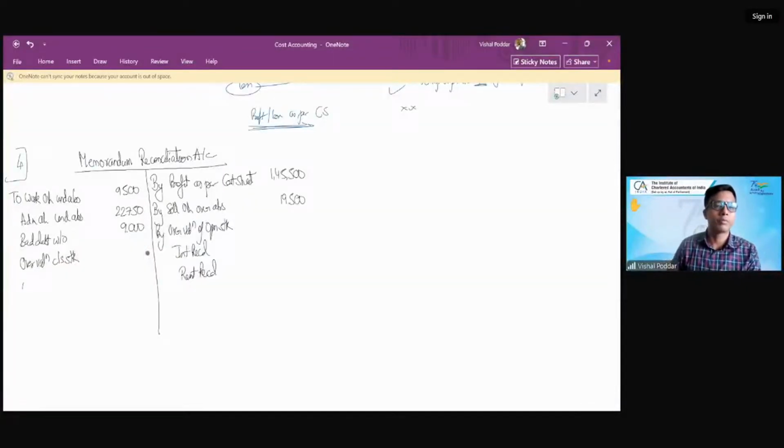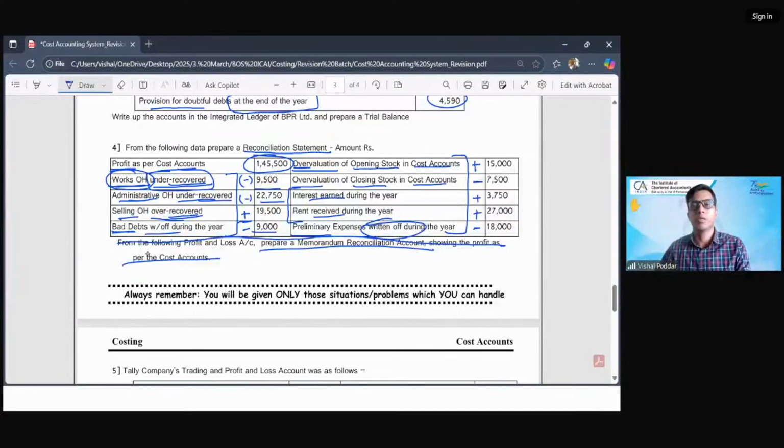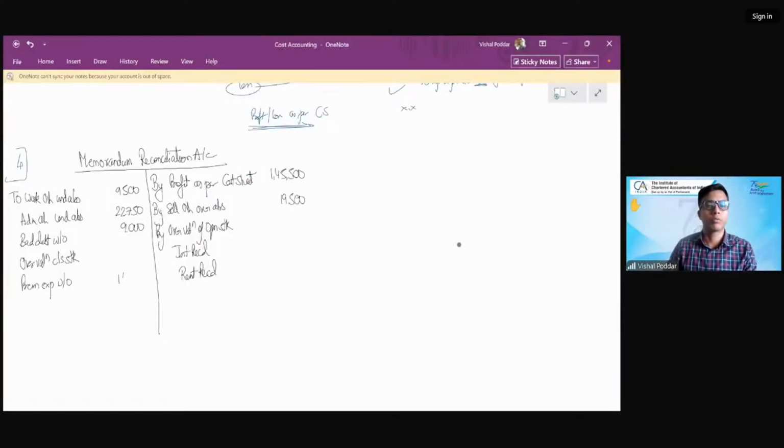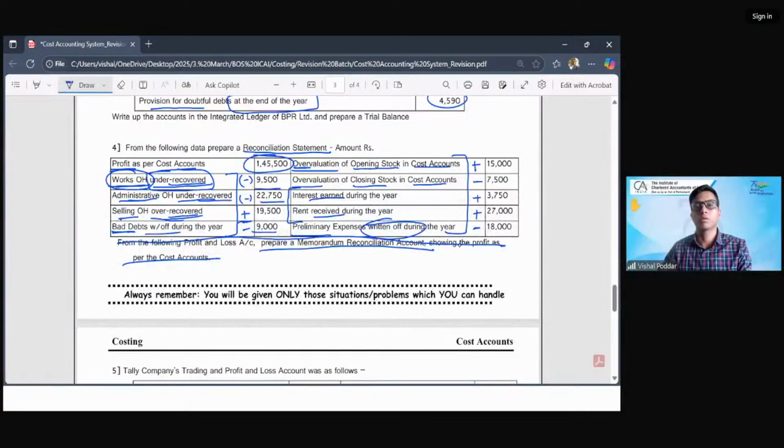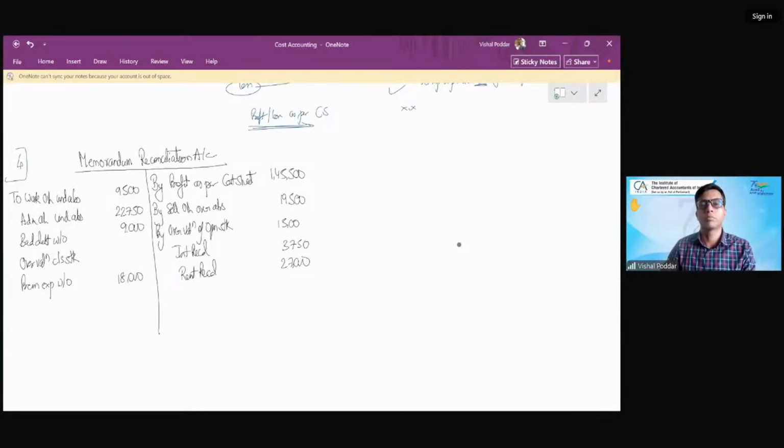Preliminary expenses written off. So now, the balance represents my profit as per the other books, which is my financial P&L.